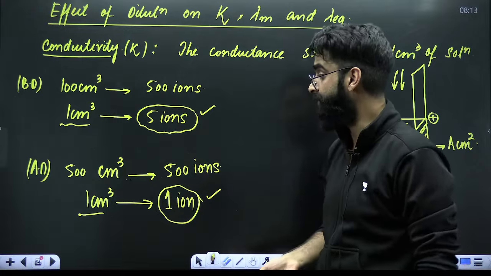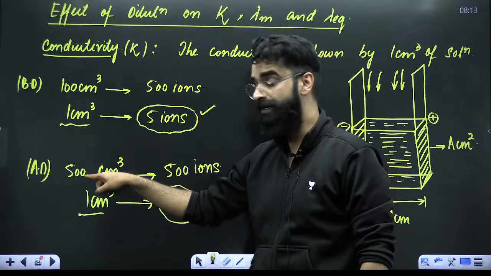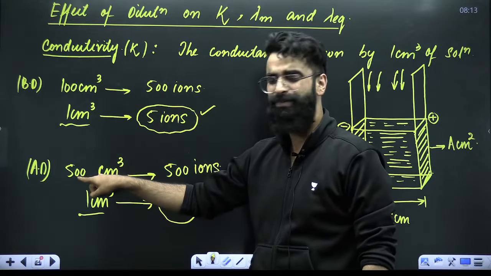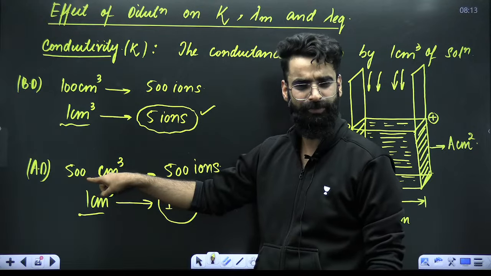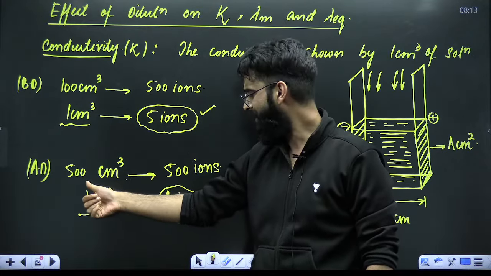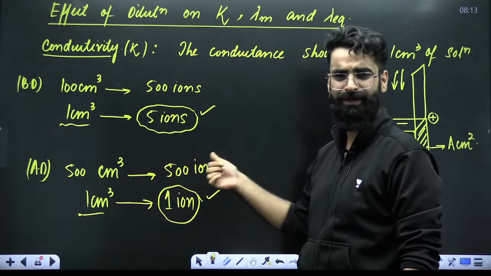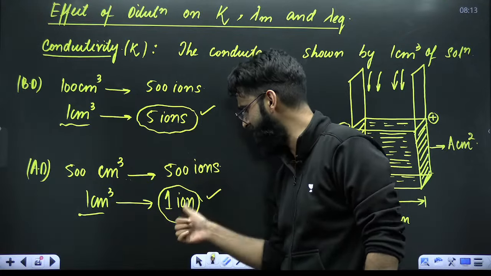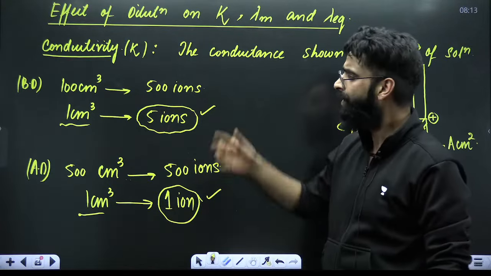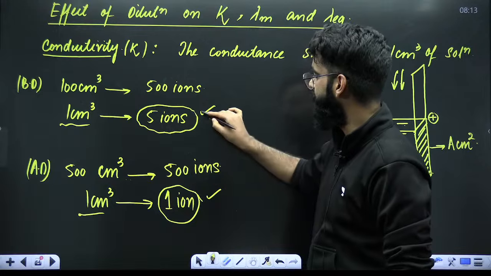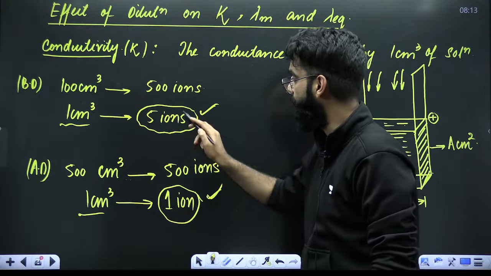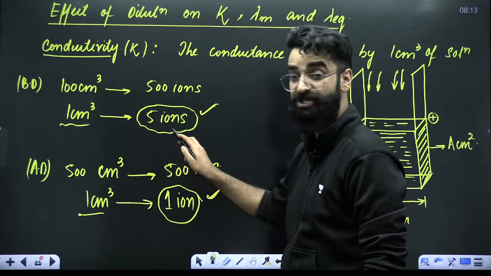Now, due to dilution, the volume of the solution increased to 500 centimeter cube, and there are still 500 ions only, right? So in 1 centimeter cube of solution there is 1 ion. So due to dilution, what is happening? The number of ions per unit volume, which were initially 5, has decreased.